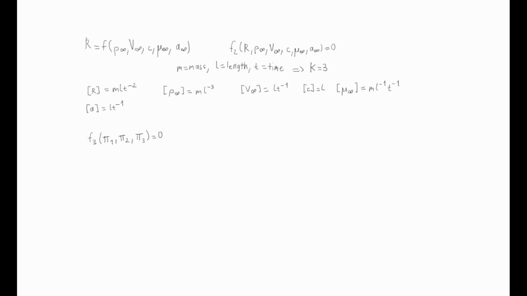Now, arbitrarily, density, velocity, and the chord length are selected as the repeating physical variables. Hence, the pi products can be written as follows.